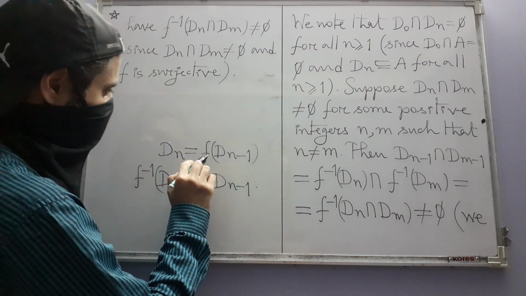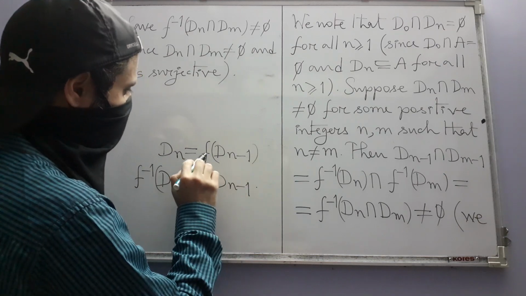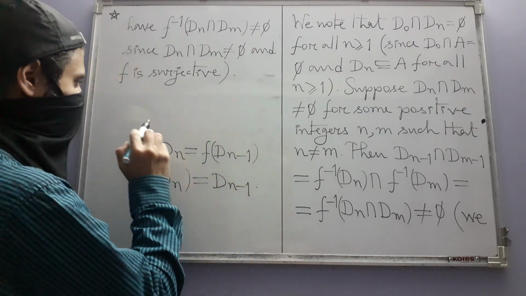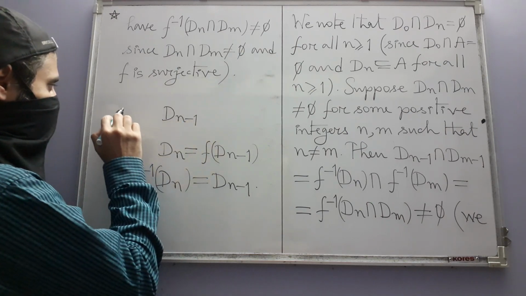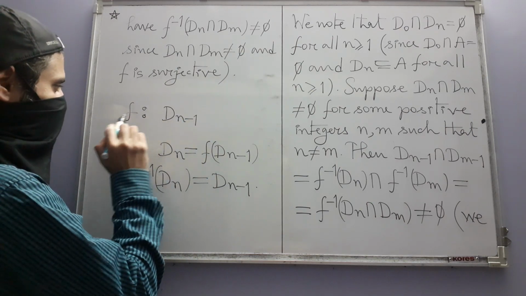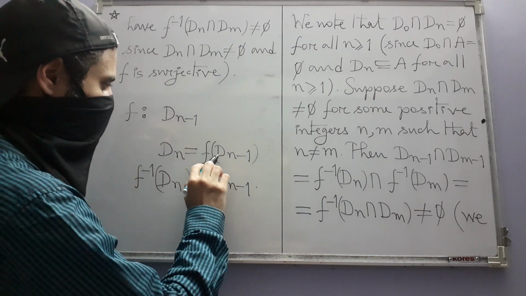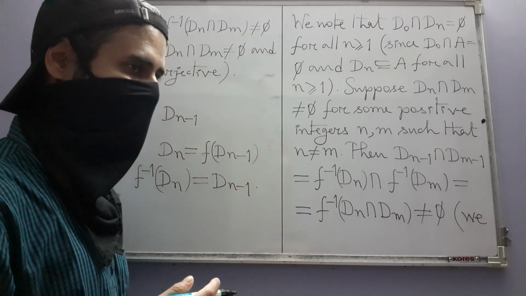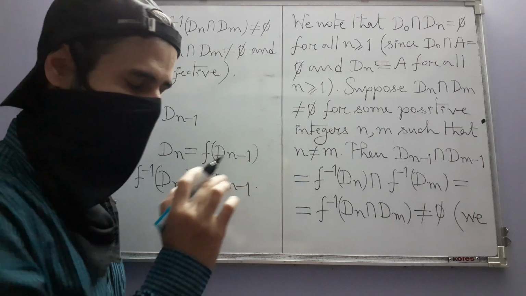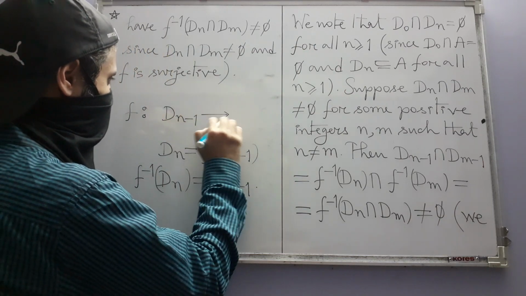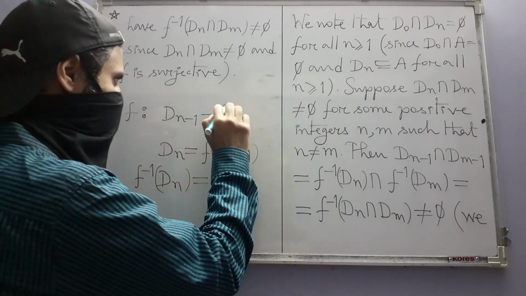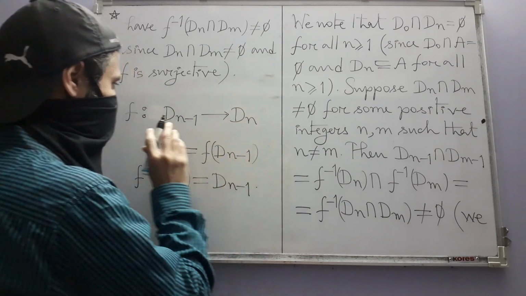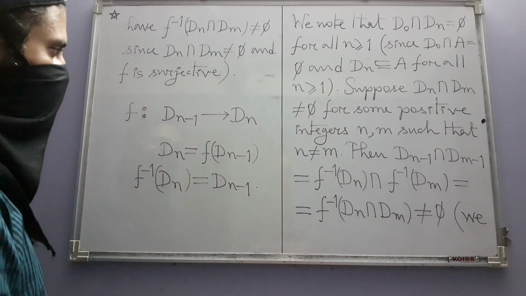So when you are writing f of Dn minus 1, what you are actually doing is looking at the restriction of the original function f to this subset Dn minus 1 of capital A.